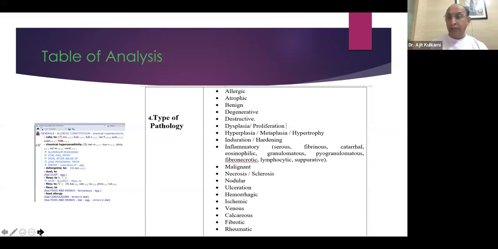Something which is repeated, something available at many localities, something uniquely being projected by an individual, then that becomes unique. So a lot of pathologies, a lot of cause and effect relationship of the pathologies, like ischemic. Patient has ischemia, atherosclerosis, ischemic heart disease, ischemic brain disease. There is a TIA, recurrent transient ischemic attacks.